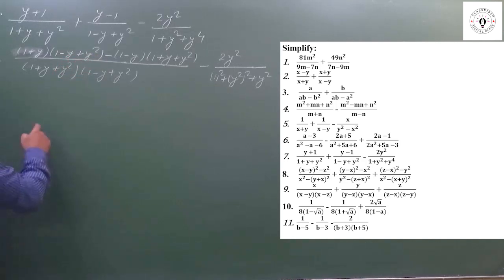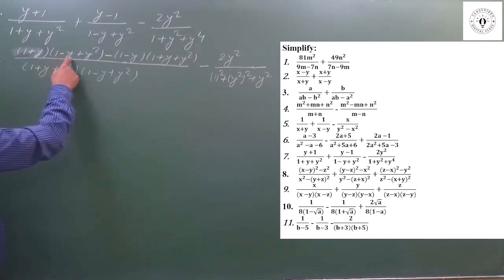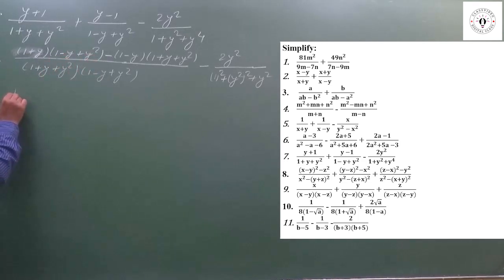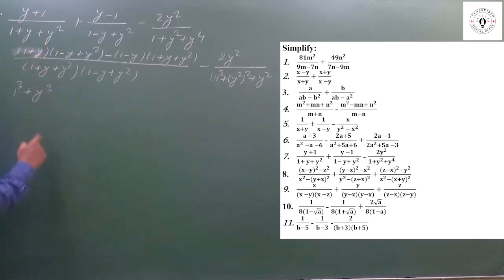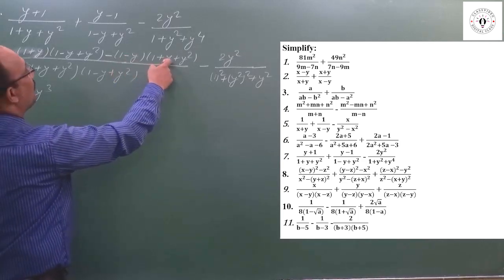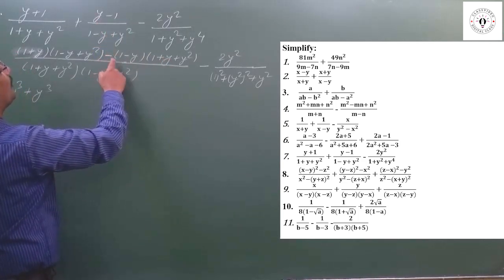So this is in the form of (a + b)(a² − ab + b²), which is the formula of a³ + b³, that is 1³ + y³. To change it in terms of the formula, instead of y + 1, I have written here 1 + y. Similarly, instead of y − 1, I have written here minus common, 1 − y.